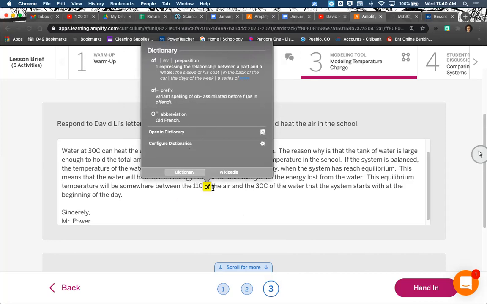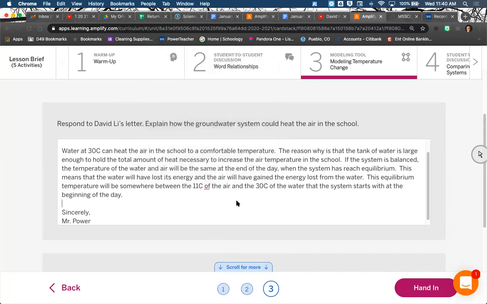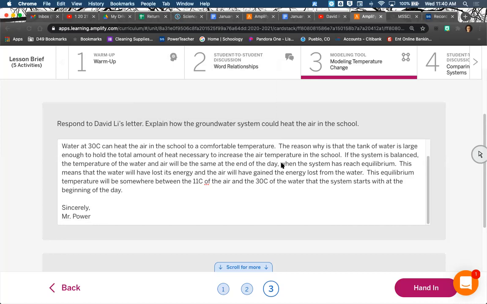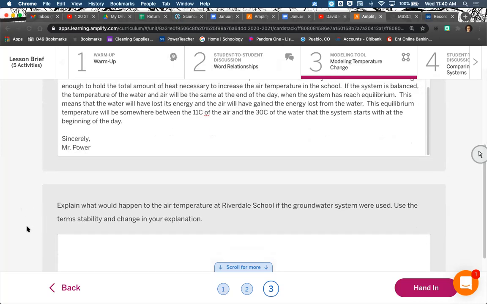The temperature of the air. Between the 11 degrees centigrade of the air and the 30 degrees centigrade of the water. I like it. I'm going to leave it that way. Okay. Now, the real question is, what is that equilibrium temperature?